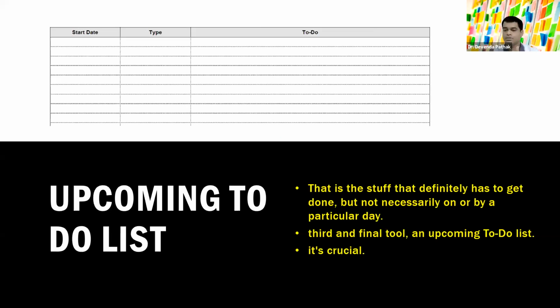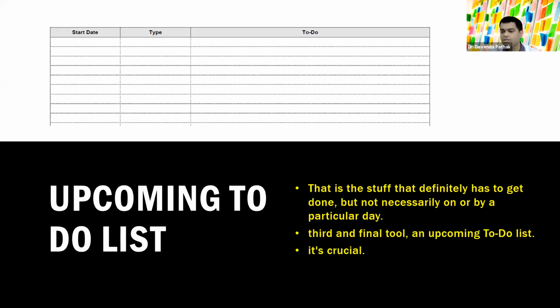You know you have to appear for an exam, you know you have to wash your clothes, but not necessarily on today's date. Maybe you have to visit some of your relatives, but the date is not fixed. Those steps which definitely have to be done, you have to go to your sister's house, but when you are going is not fixed.